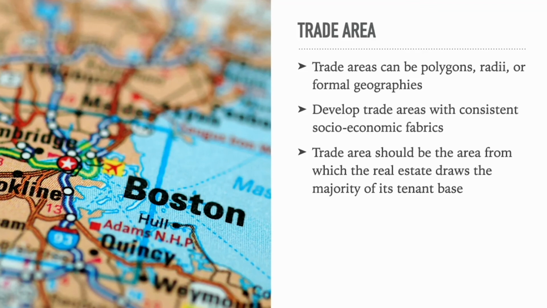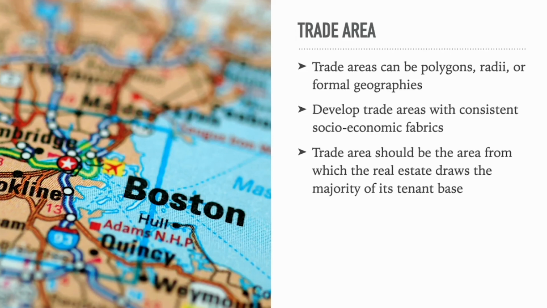Their trade area is going to come from Boston up to the 495 Beltway, north up to, say, maybe Peabody, Danvers, and then south down to maybe Waltham or the Mass Pike. So that would be a trade area. You might draw that on the map and then pull your comps out of that area, because those are the most likely properties companies like that would consider leasing.